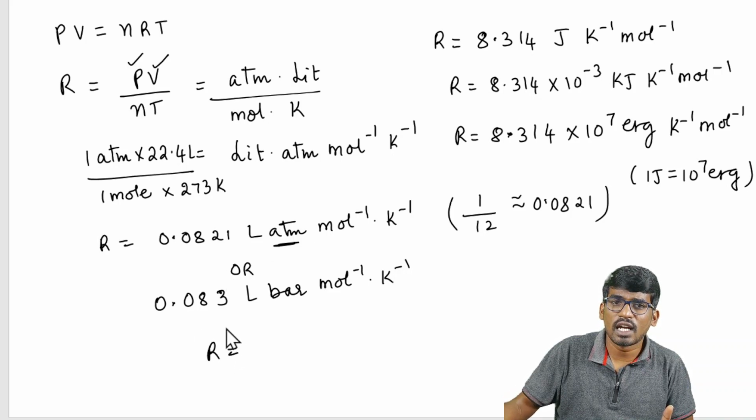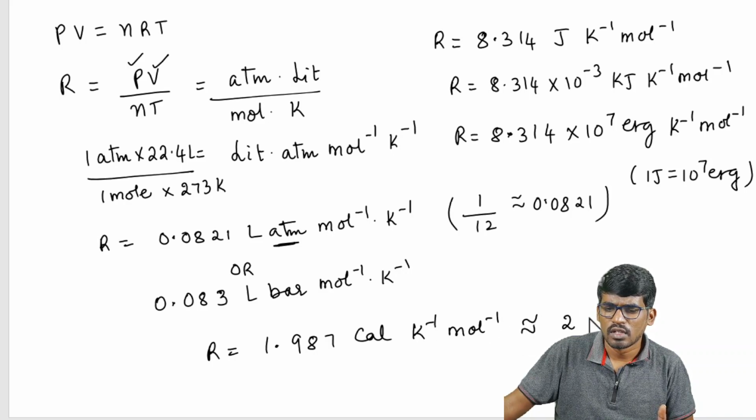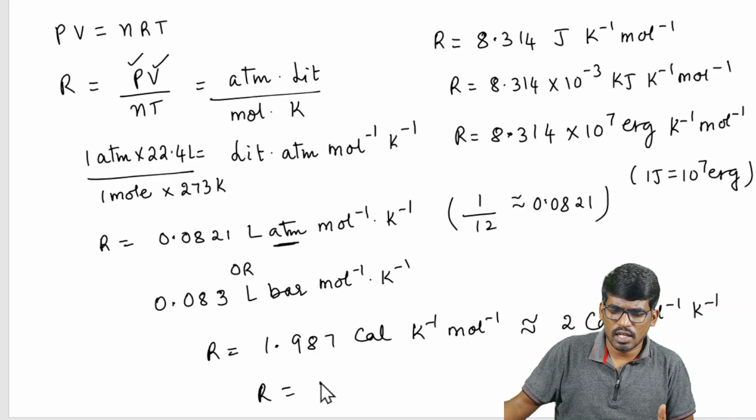Similarly, 1 calorie is equal to 4.18 joules, so R is equal to 1.987 calorie Kelvin inverse mole inverse. Approximately, for simplification, we can write 2 calorie mole inverse Kelvin inverse, or R is equal to 2 into 10 raised to minus 3 kilocalorie mole inverse Kelvin inverse.